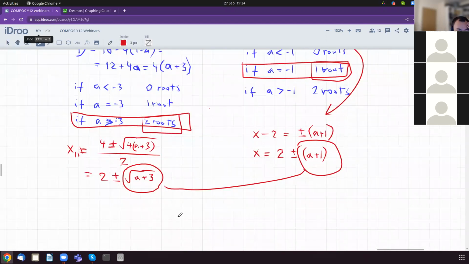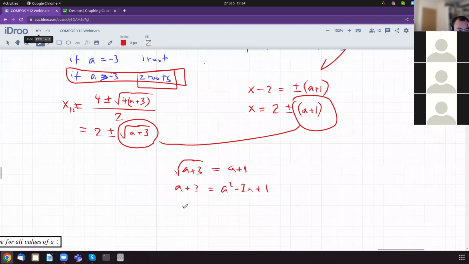So let's find when they are equal. So the square root of a + 3 is equal to a + 1. I square both sides: a + 3 is equal to a squared minus 2a plus 1. And so a squared minus a minus 2 is equal to 0.